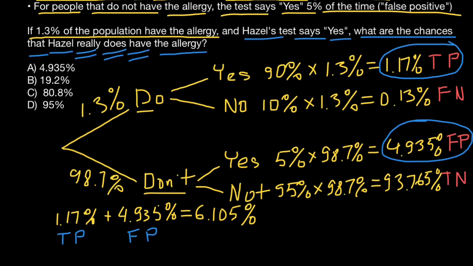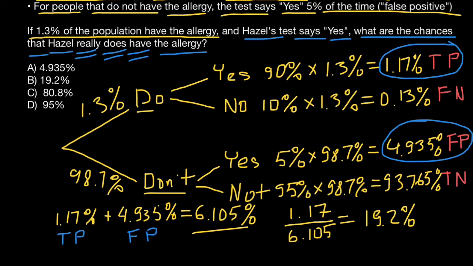So with our last step we have to divide 1.17, those who are true positive, because we are looking for true positive, by the total number of the population who test positive, and this is going to be this number, so we have to divide by 6.105, and we are going to get 19.2%, and this is going to be our answer today. Take a look, this is going to be answer B.